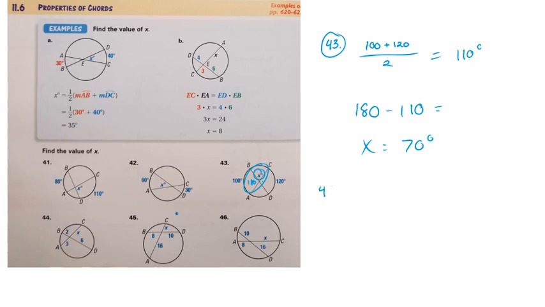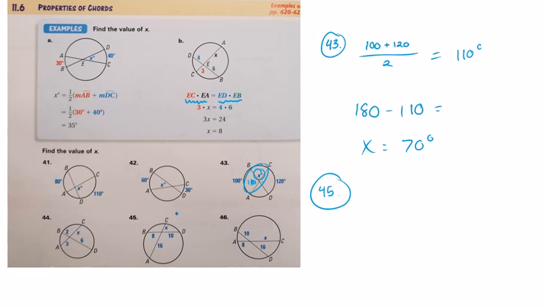And 45, this is my second theorem. It says if you have two chords that intersect, it breaks each chord into two pieces. If I take each piece of the same chord and multiply them, so EC times EA, and the segments of the other chord multiplied, those two products should be equal.